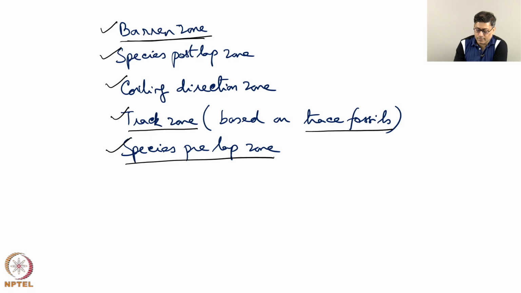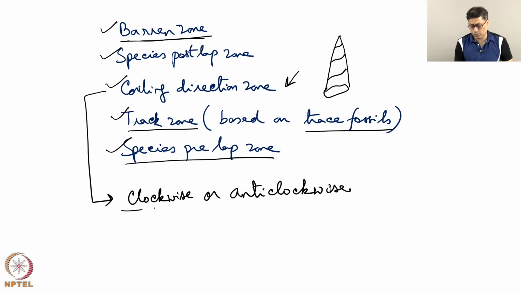Now here let us talk a little about the coiling direction zone. If we look at the gastropods in the garden, there we find the specific coiling direction of the hard shell. This is a quick sketch of a gastropod, and the coiling direction can be either clockwise or anti-clockwise. This coiling direction has been linked by paleontologists, for fossil specimens, with the oceanic environment.